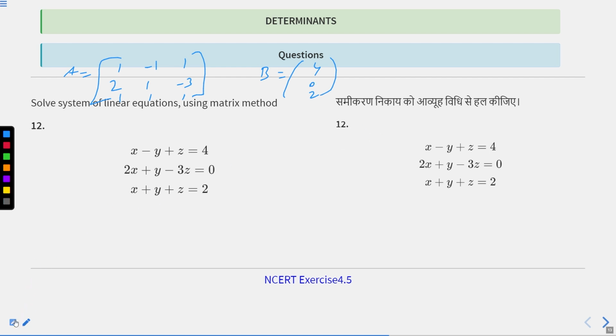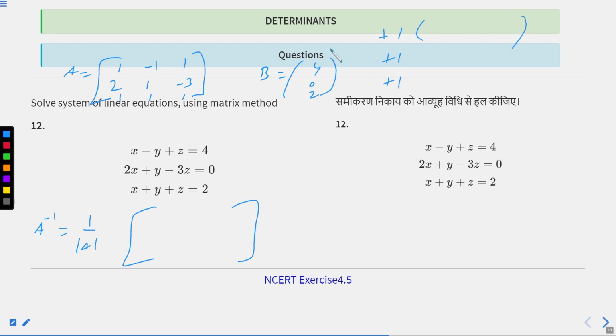Now let me evaluate my A inverse. So A inverse will be 1 by determinant of A times adjoint. Determinant of A, let me quickly go through it. I will be writing my adjoint directly, so I will be just using this as my information.